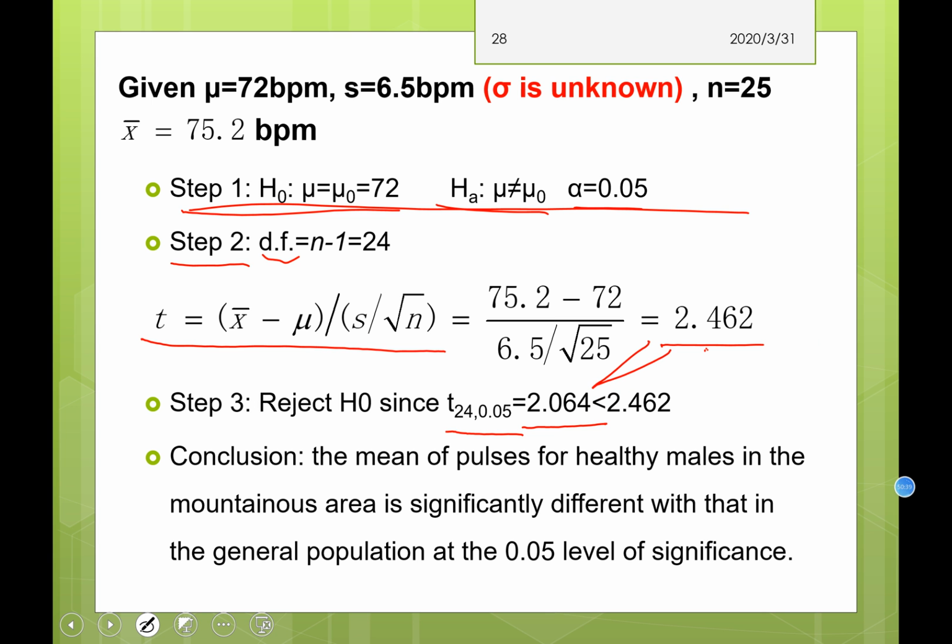So that means its corresponding p is less than alpha. So p is less than alpha, we need to reject H0. So the conclusion is there is a significant difference between the two groups.